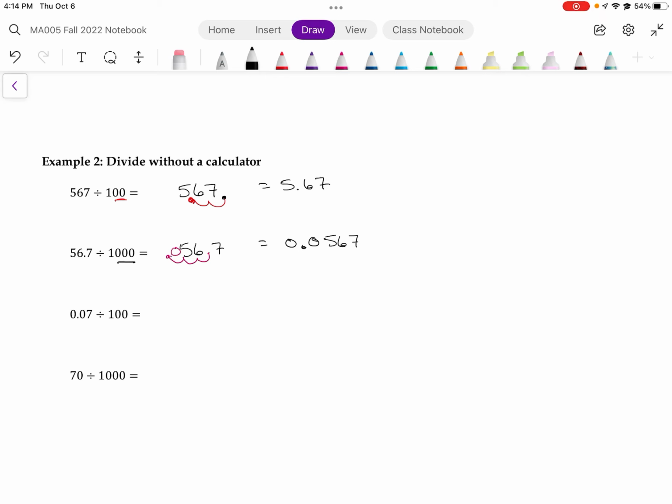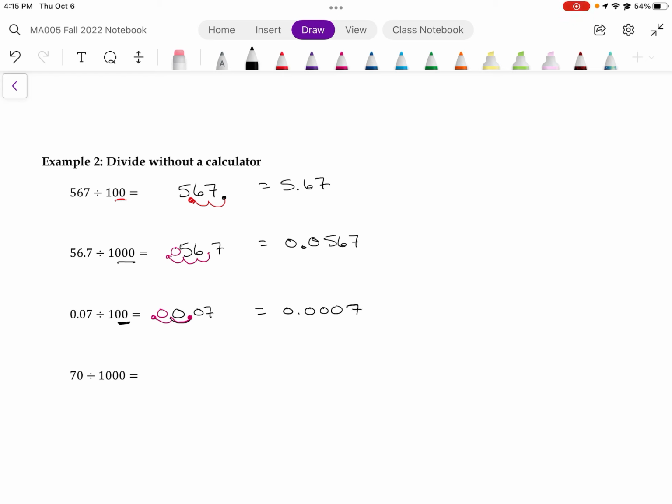The next one is 0.07 divided by 100, 2 decimal places. It was here, and it's going to go left 1, 2, and we get 0.0007.